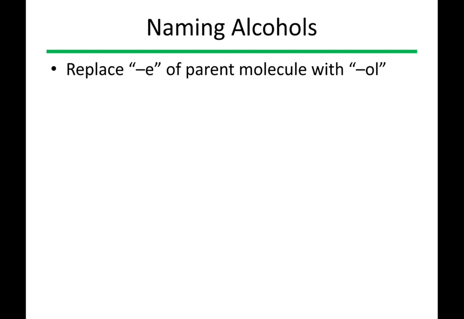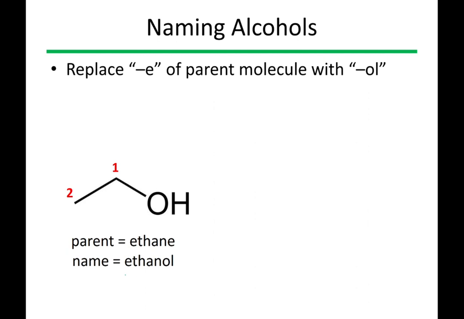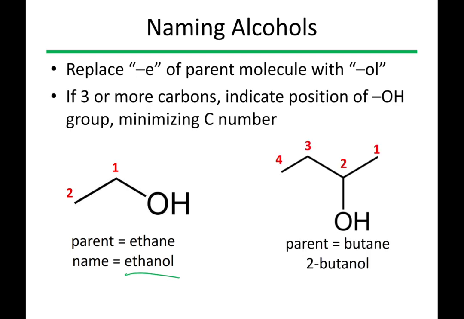When we're naming alcohols, we're going to replace the E of the parent molecule with -ol instead. So if we look at this compound, if it was an alkane, this would just be ethane. And when we name the alcohol, it becomes ethanol. For this compound, again, we'd want to count the carbons.